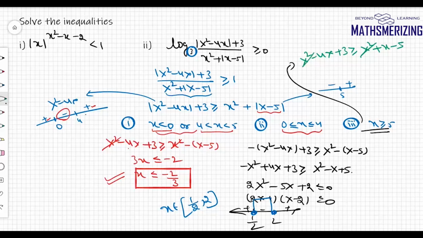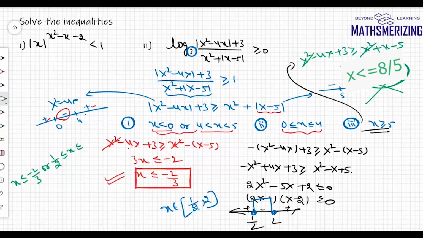So I'll cancel this one. So if I'll solve it, I'll get x is less than or equal to 8/. Now this solution doesn't lie in this interval, so I'll discard it. So answer to this question will be either x is less than or equal to minus 2/3, or x lies between 1/2 and 2.